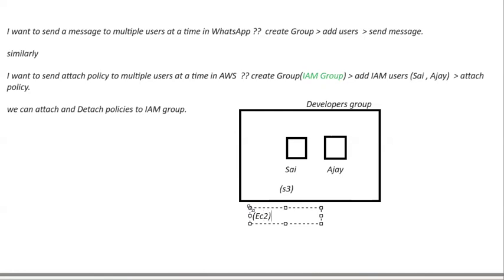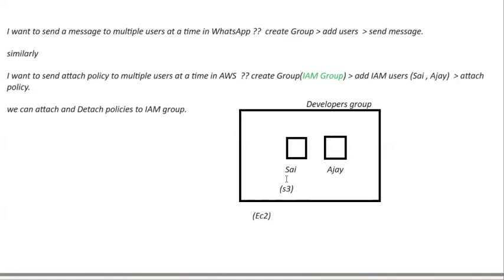Now, you can tell me what are the permissions that Ajay has? Ajay has only EC2 permissions. And what about Sai? Sai has both S3 as well as EC2 permissions.